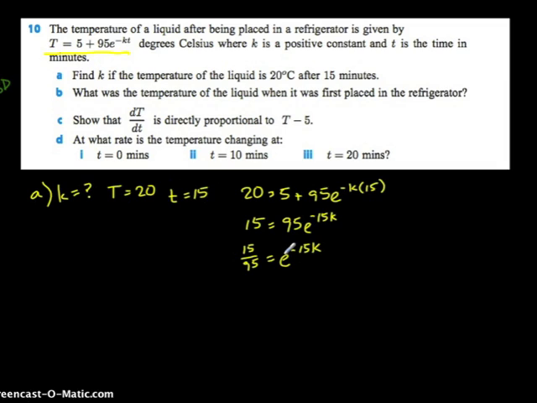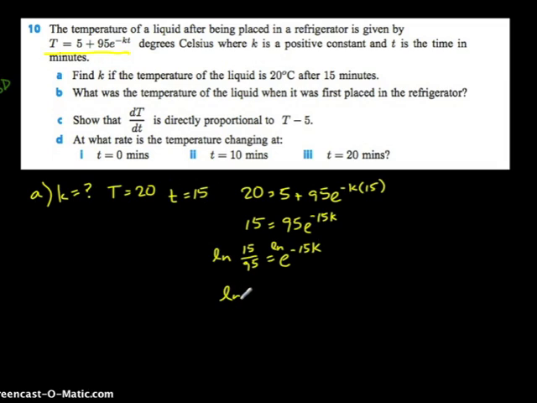And then I have an e. So now I need to figure out a way to take out that exponential. Well, from the sections that we looked at earlier, we found that if we take the ln of both sides, that'll take care of the e. It'll cancel it out, and we'll be simply left with the exponent, in this case negative 15k.